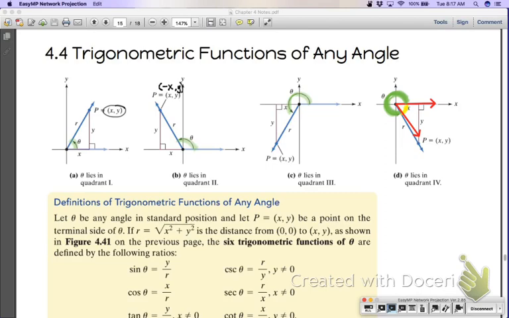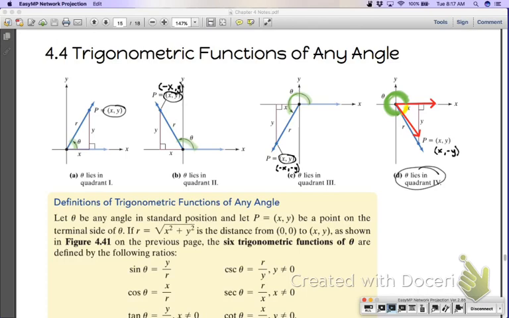If it is in quadrant 3, then both x and y will be negative. They just give us the point as x and y, but what I'm writing is what you can remember. And then x will be positive and y will be negative for anything that lies in quadrant 4.